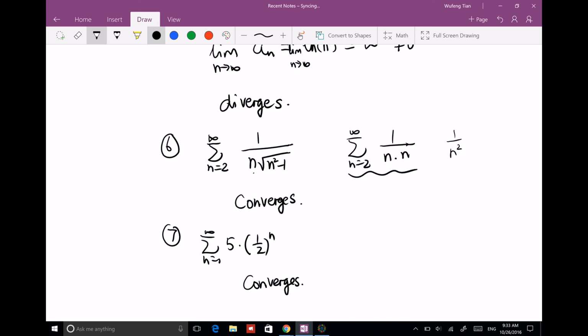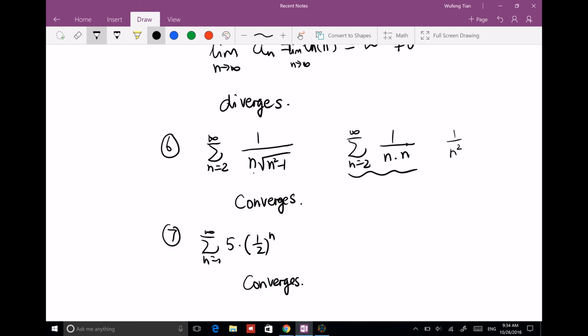Nth term? Okay, I want to say this one more time. The nth term test will not guarantee convergence. You can never use the nth term test to guarantee the convergence of a series.